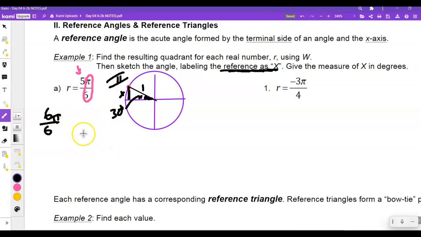And if you want to, you can show the actual conversion like we did above. You might be able to do this without writing this out, though. Now, if you look at this and say, well, 5 over 6 pi, close to 6 over 6, but pi over 6 away from that, and you can come up with 150 that way as well. And that's the actual conversion.